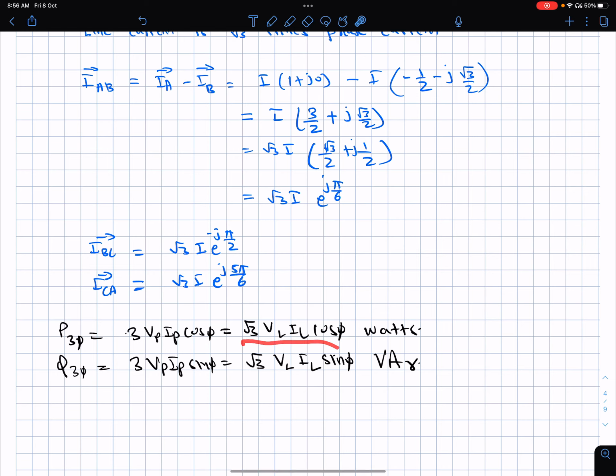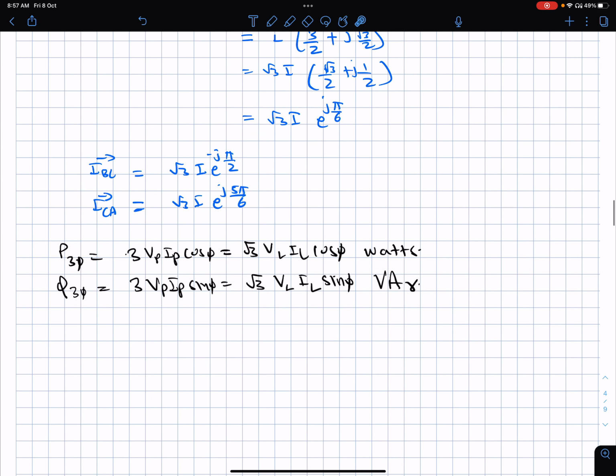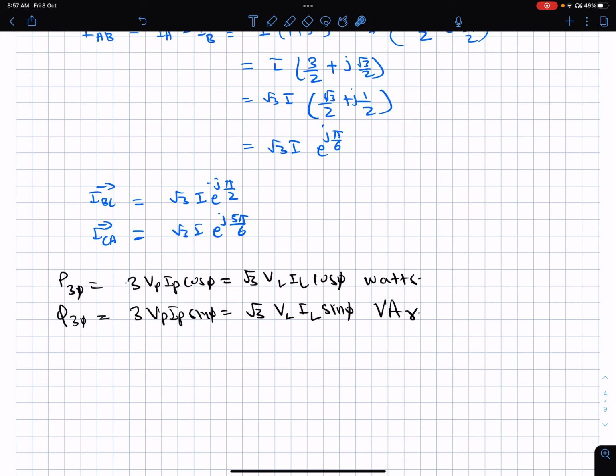Again, the formula for the three phase power turns out to be the same, which is root 3 VL I L cos phi, and Q will be root 3 VL IL sin phi. The unit of power is watts and the unit of Q is volt ampere reactive. So the three phase power formulas in that sense don't change.